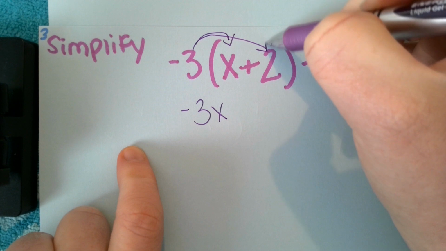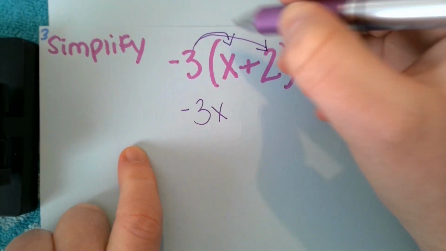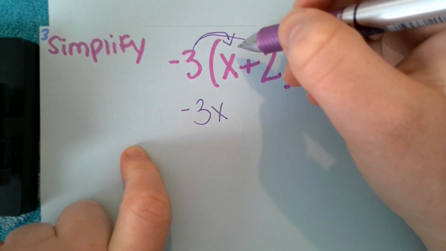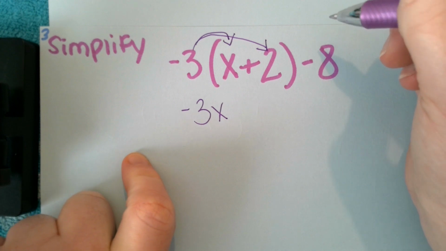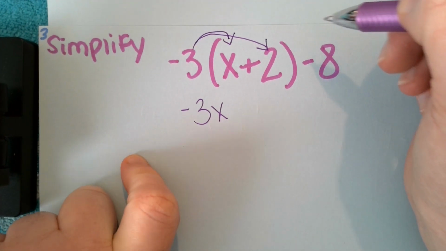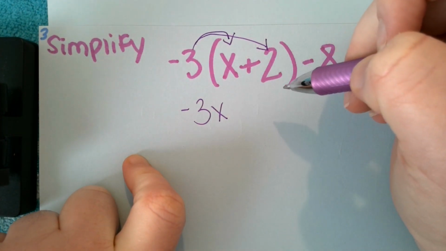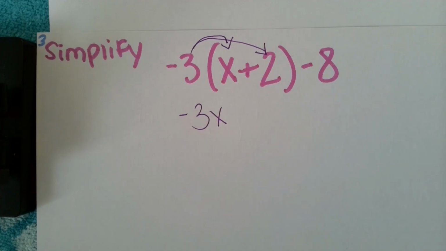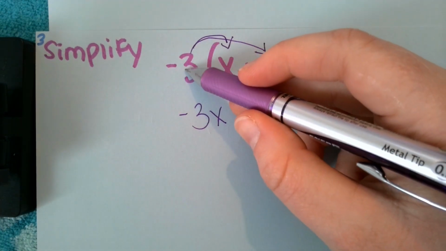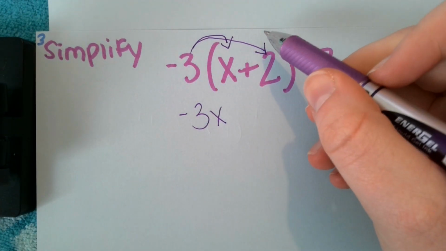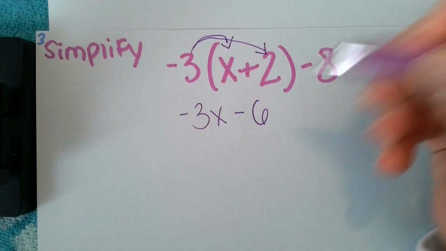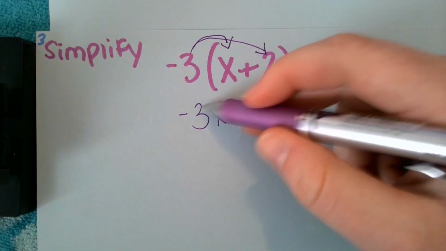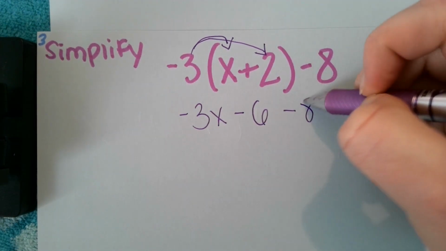Okay? Now we're going to distribute that negative 3 to the positive 2. And taking away 3 groups of 2 would be taking away 6. And now that we've distributed, we can subtract 8.